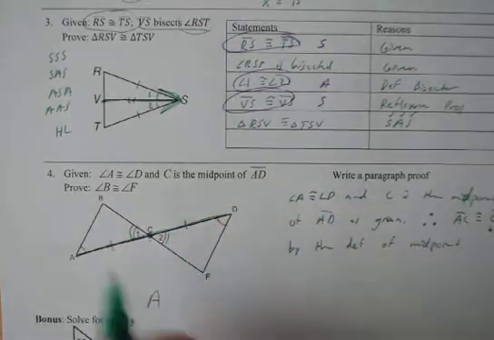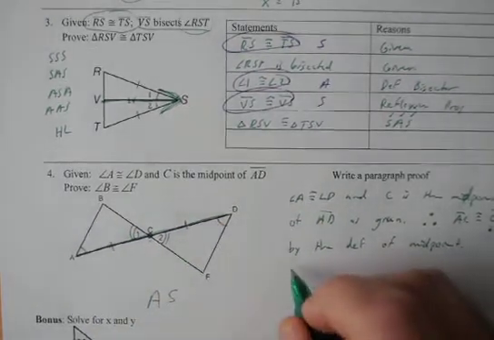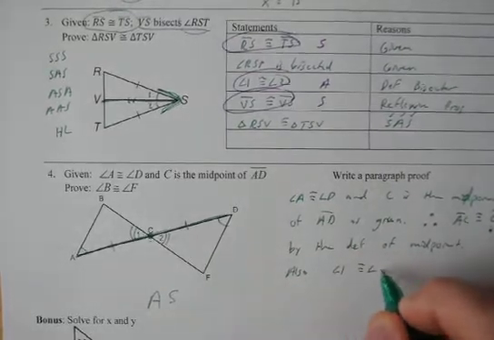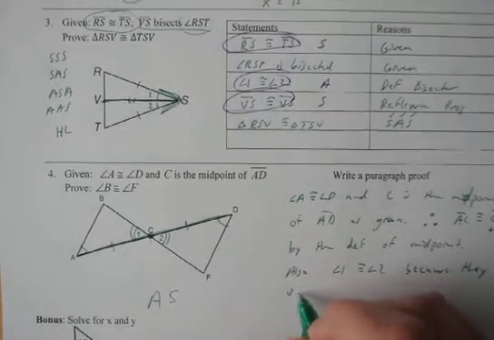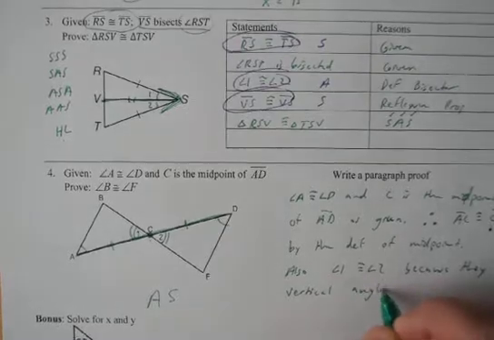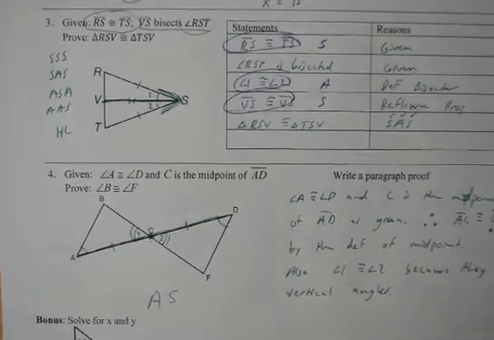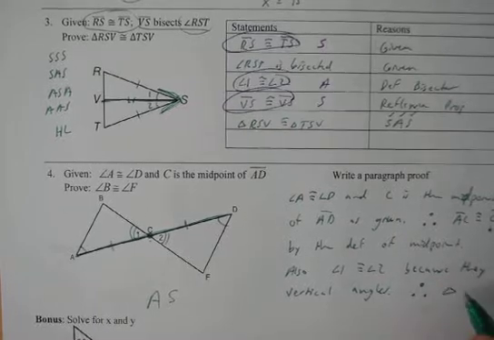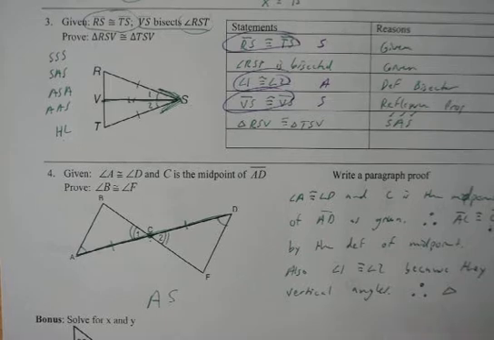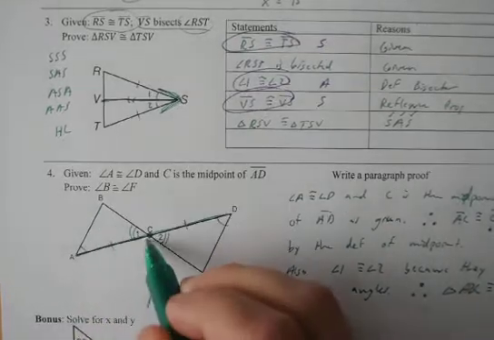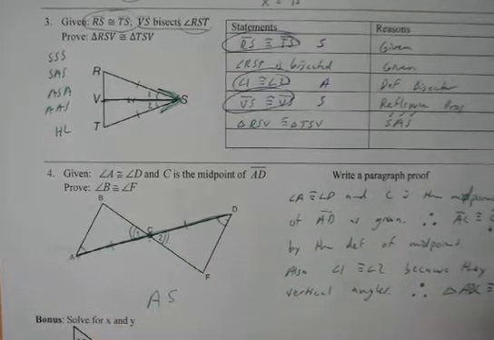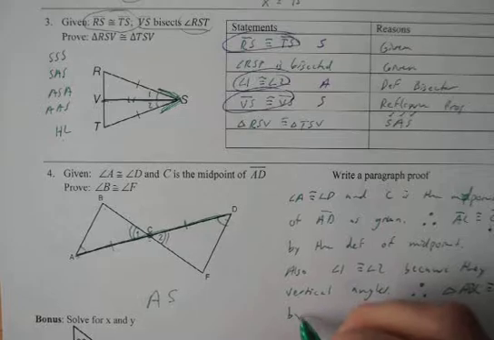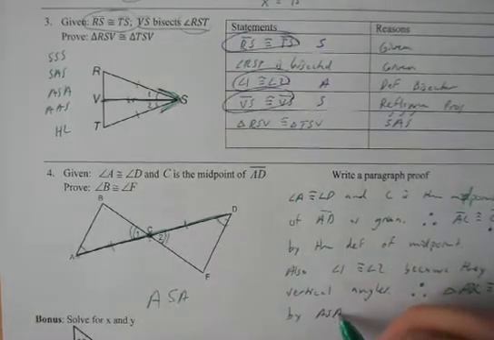Alright, so there's that. Also, we have some vertical angles here. By the way, we've got an S, and we've got some vertical angles. Also, angle 1 is congruent to angle 2 because they are vertical angles. And there's our last therefore. Therefore, triangle ABC is congruent; A matches up with D, B matches up with F, and C matches up with C by angle side angle.